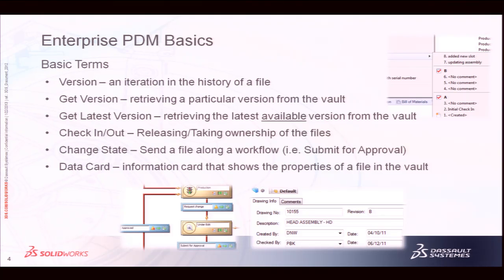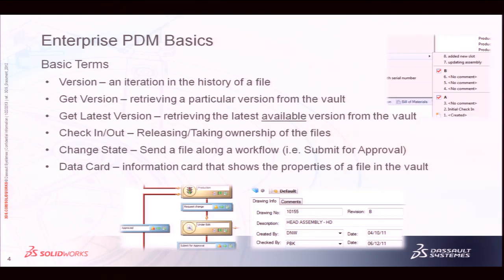The first one being a version. And a version, for those who are users of EPDM, or maybe just brand new, essentially the PDM system is there to manage the history of the documentation. And so you have something like a CAD file or even something like a Word document. It's there to collect your changes, and when you grab the file and bring it out and work on it, and when you put it back, all these iterations are called versions.